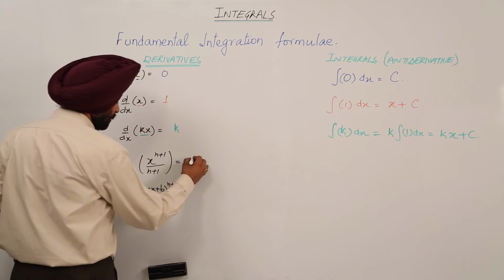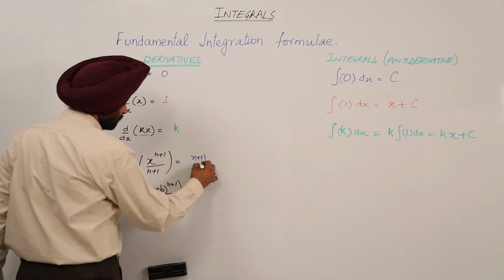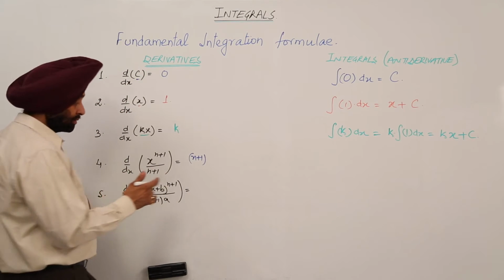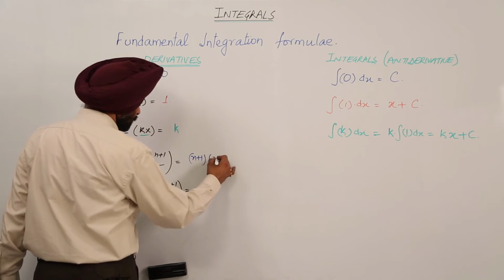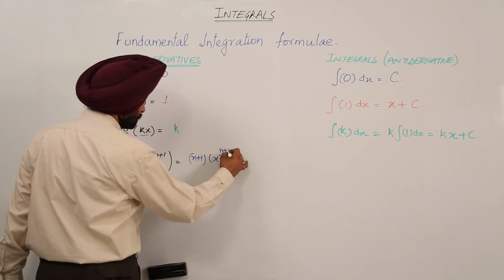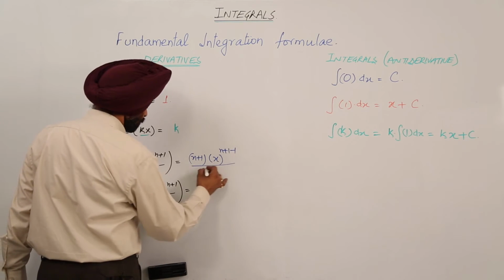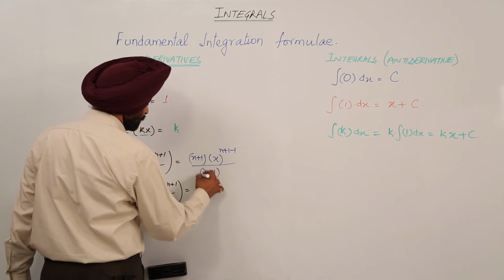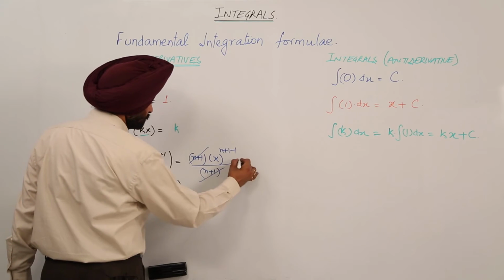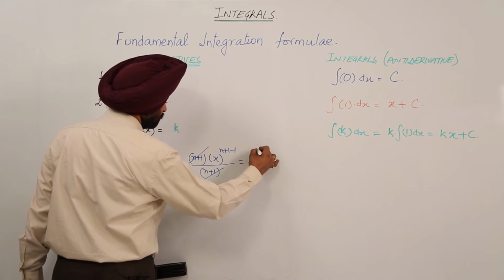Now the derivative of x raised to power n plus 1 upon n plus 1: the power n plus 1 comes in front, then x raised to power n plus 1 minus 1, upon n plus 1. The n plus 1 terms cancel, and we are left with x raised to power n.